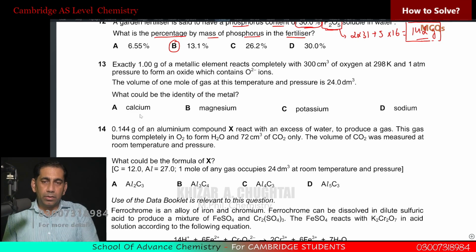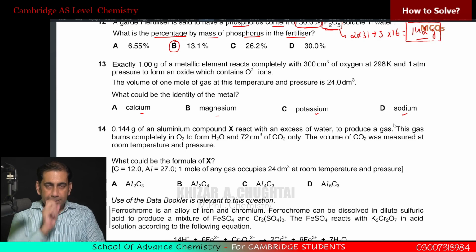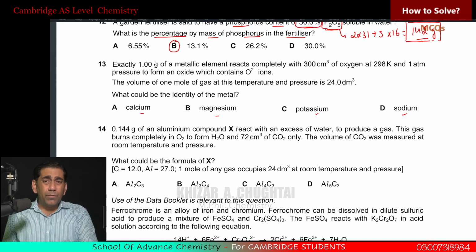Two of these metals are from group 2 elements and the other two are group 1 elements. The basic thing is we are going to react 1 gram of each metallic element with oxygen, and the volume of oxygen is equal to 300 centimeter cube.